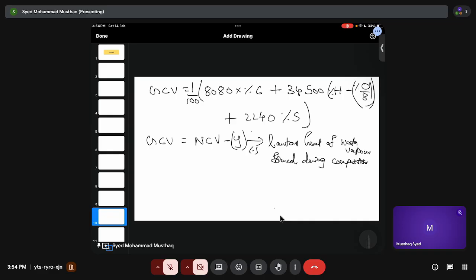Right. So let's write the equation again: half O2 plus H2 gives H2O. So 2 grams of hydrogen will give you 18 grams of water, so 1 gram of H will give you 9 grams of water, or half mole I can write.